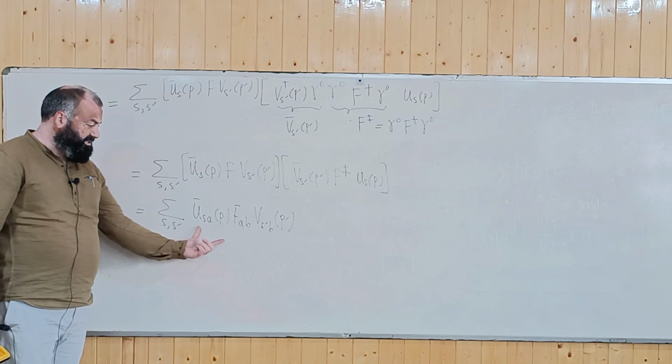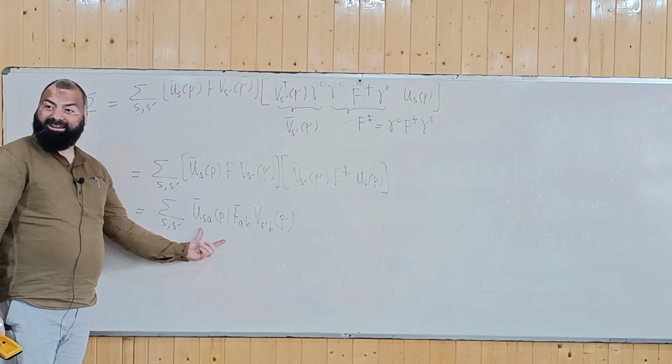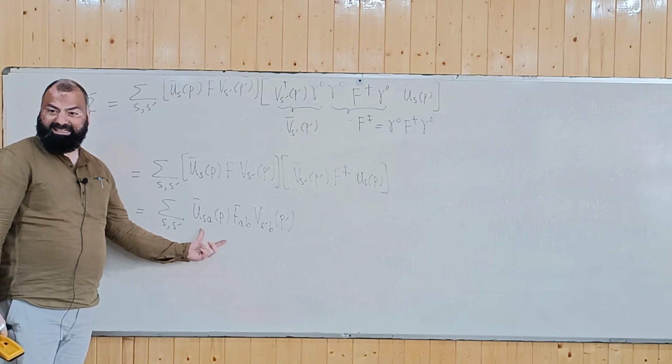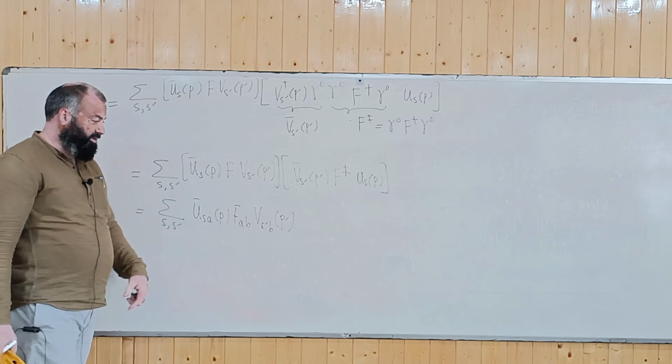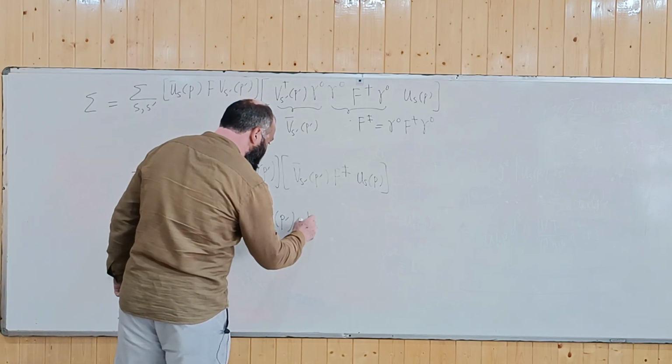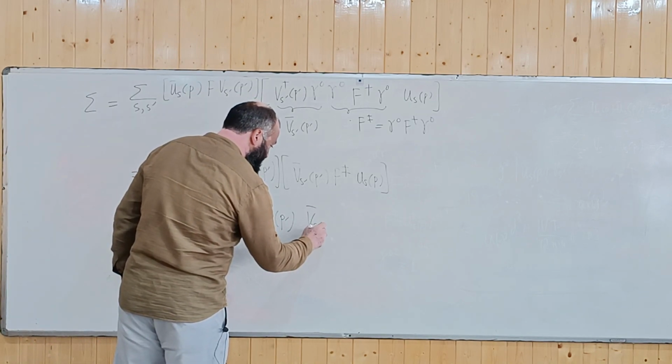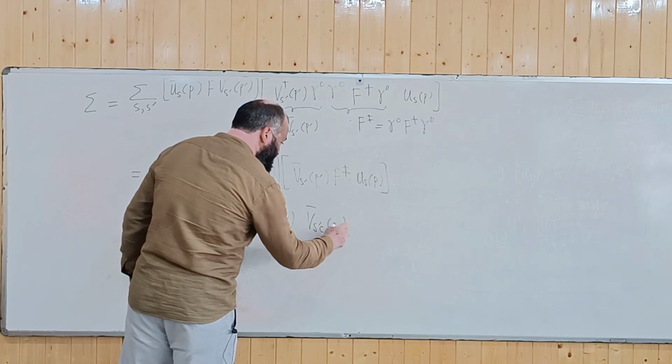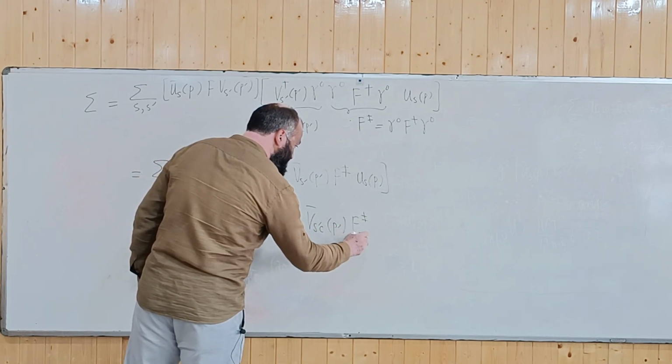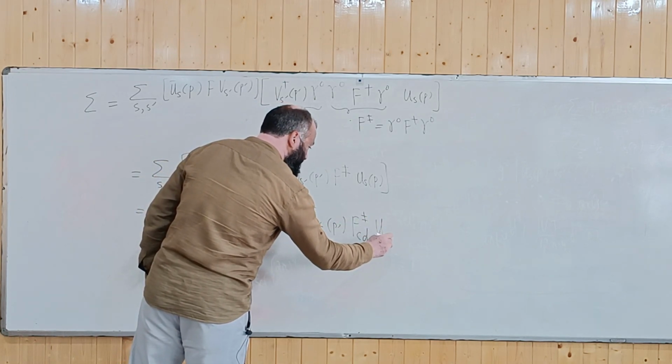Is this a matrix multiplication, everybody? It's a number, is it? You sure? Okay. So now this I can write V bar S prime, let's say C, P prime, F double dagger, let's say CD, U, S, P.